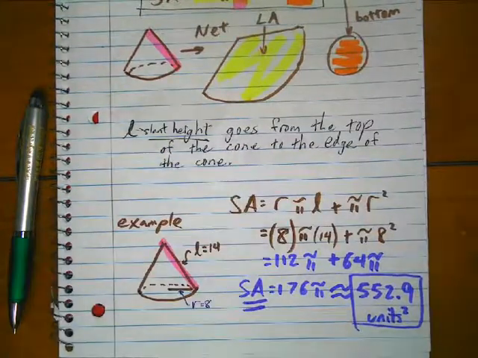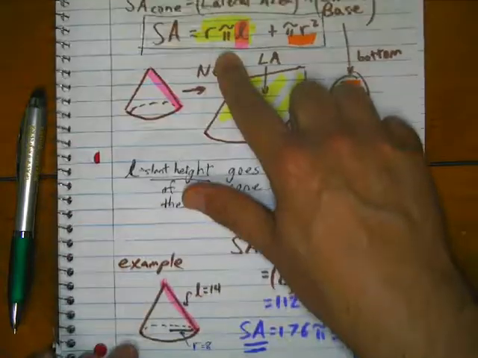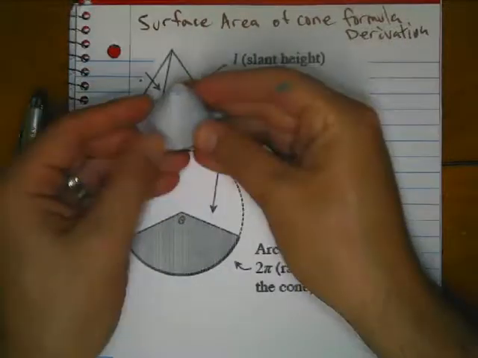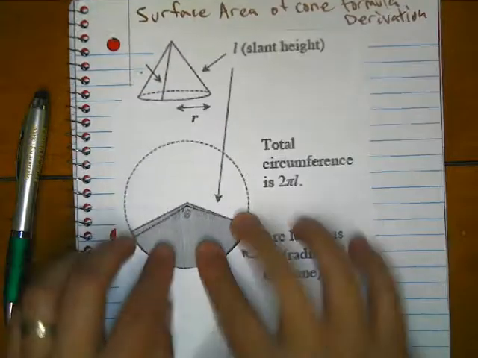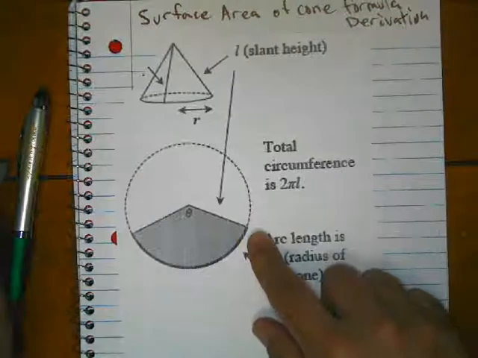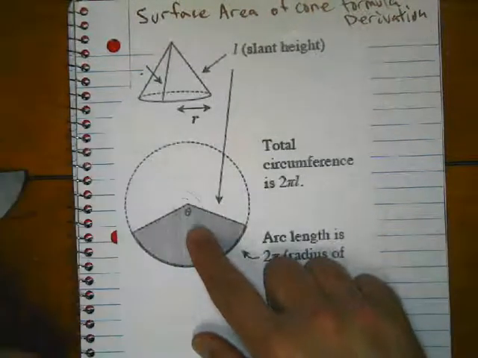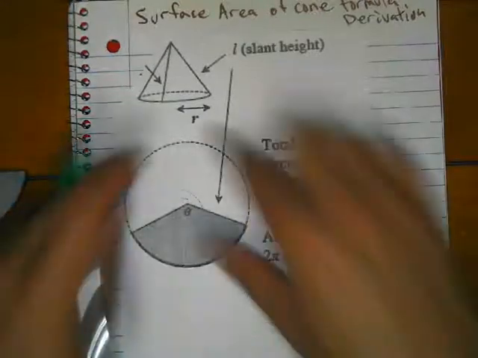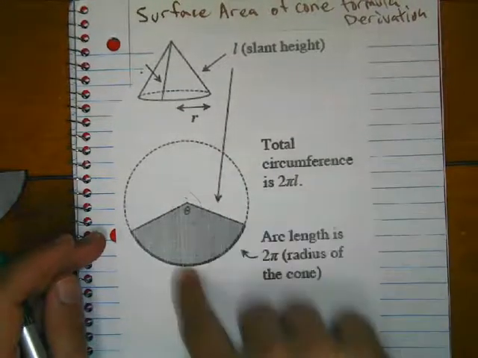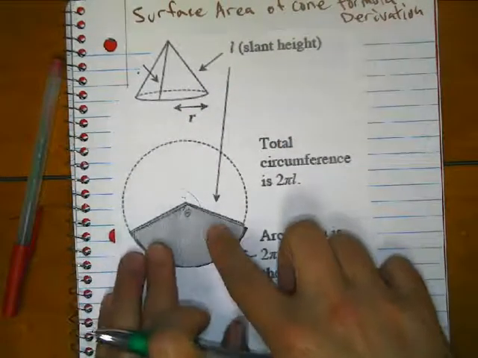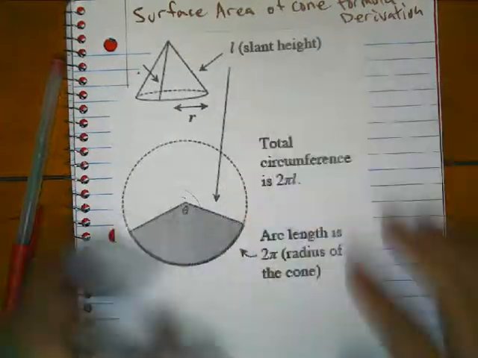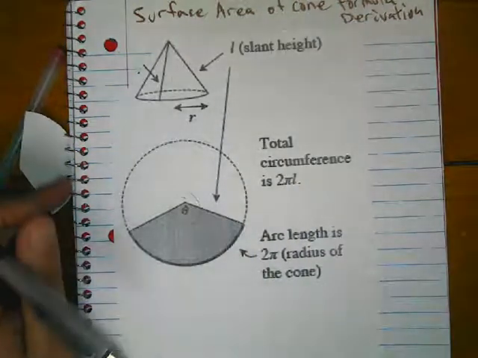Now how did we come up with this formula? I'm going to show you on the next page. So I've got this cone, and I've unraveled it, and we get this. This really makes up a circle, doesn't it? We need this fraction of the circle to tell us how much of this circle we use for the slant height.